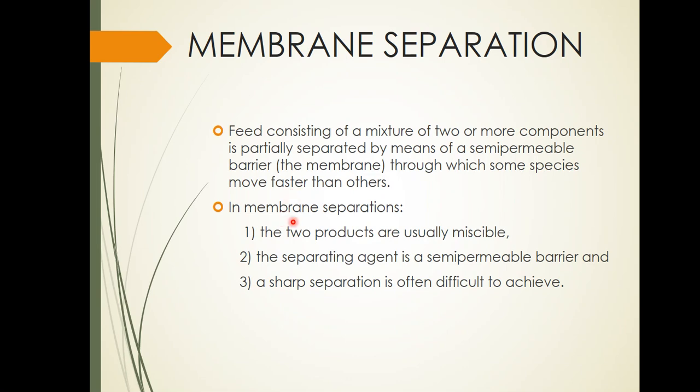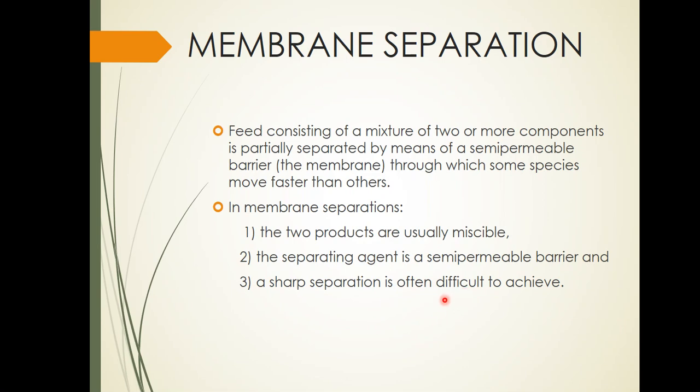Now, in membrane separation, the two products are usually miscible. The products here referred to are your solute and your solvent, and since they both come from the feed, they are said to be miscible, and your feed in the first place is a miscible feed. The separating agent here is semi-permeable as mentioned above, and there is no sharp separation achieved.